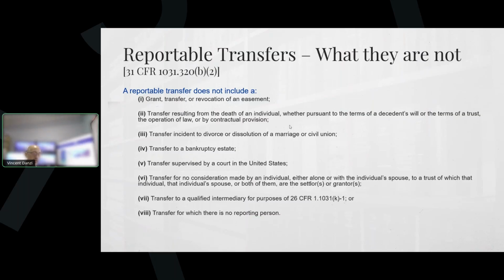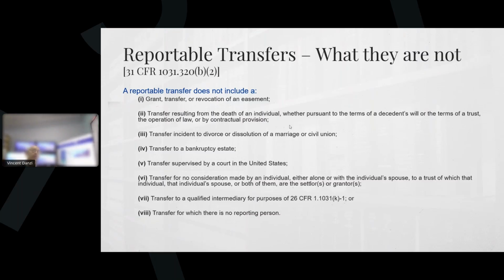Yeah, I probably misspoke at first if I said that. So let's say you have a transaction that closes on March 1st. The last day to make that report would be the end of April. So if your transfer occurs in March, you basically go to the next month, and then you take the last day of the month.